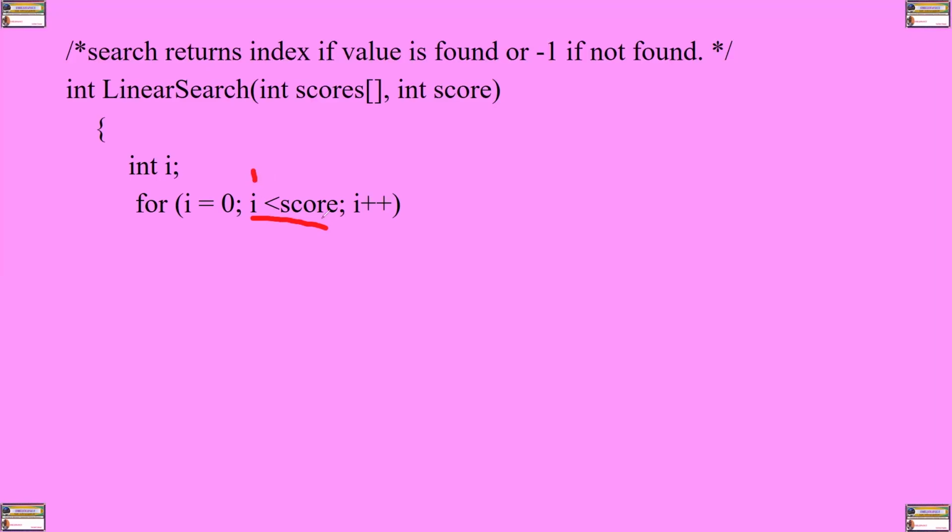So if 1 is found to be less than the value which has been received, the control will be taken to the next statement, which is to compare scores 1 with the value which has been received. That is the second element in the array with the value which has been received. If they are found to be equal, then the position of that element will be sent to the main function. And in this case, the value which will be sent back is 1.